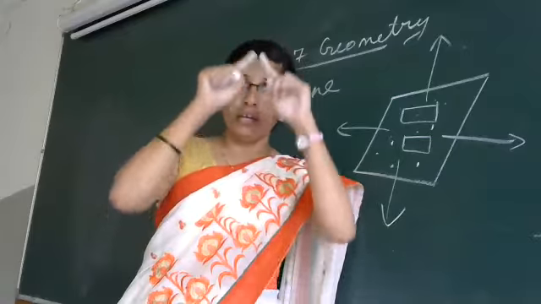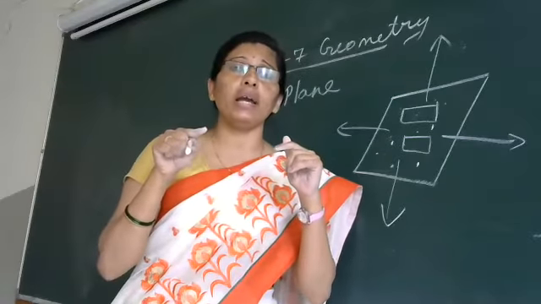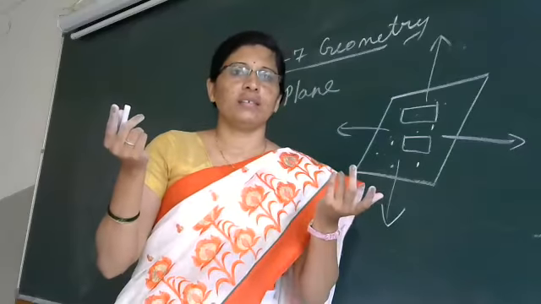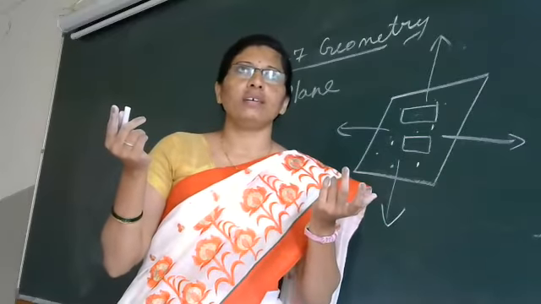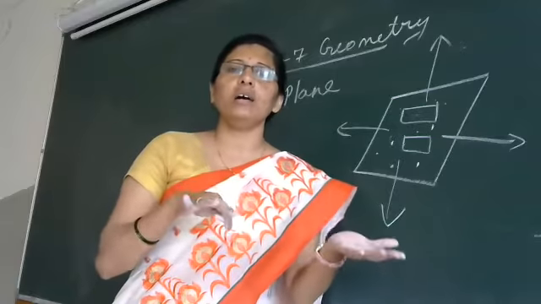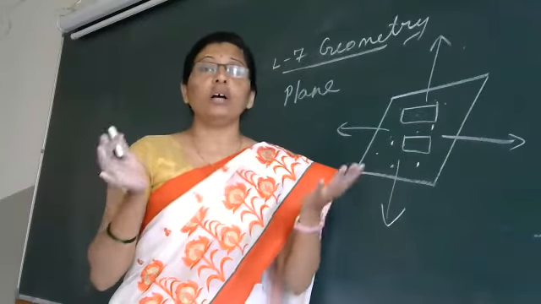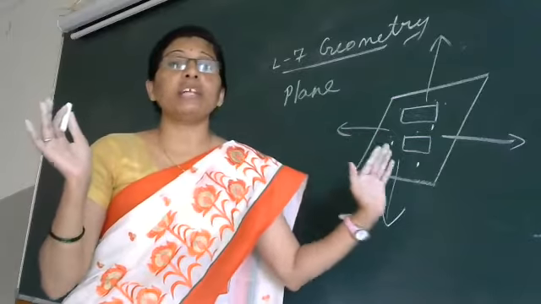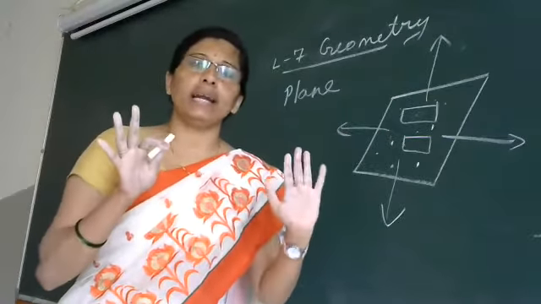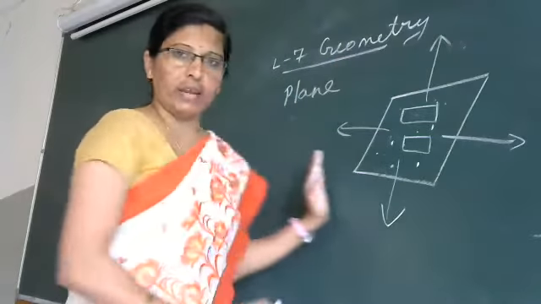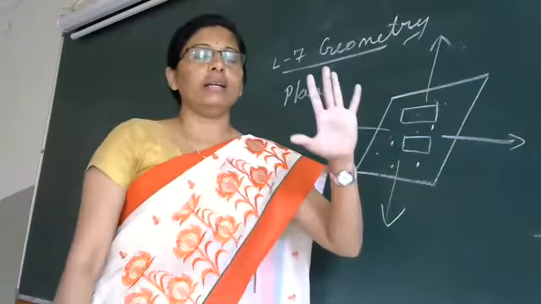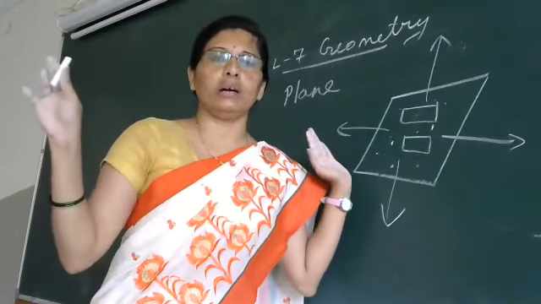If you open your eyes in front of you, you can imagine a circle, you can imagine a rectangle. So a plane is an imaginary concept. What is it exactly? It is a flat surface which extends from all the sides. It doesn't have any starting or ending point.